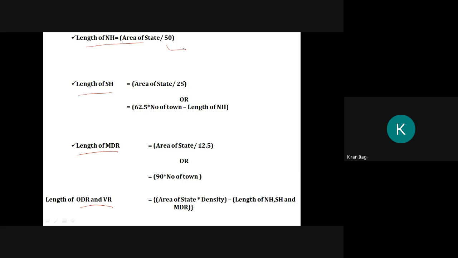See here, according to the third 20-year road plan, in the primary sector we will have expressways and national highways. In secondary we will be having state highway and major district road.